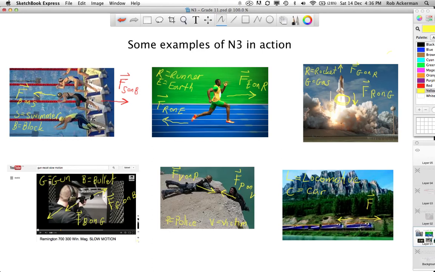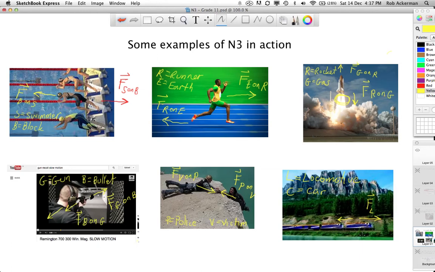The locomotive actually spins wheels which push backward on the ground, much like the runner pushes backward on the ground or Earth. Now that's a little complicated, so I'm going to call this the force of the locomotive just pulling forward. However, the locomotive is pulling on the cars, so what ends up happening, because there's all those extra cars there, it makes it harder for the locomotive to go forward.